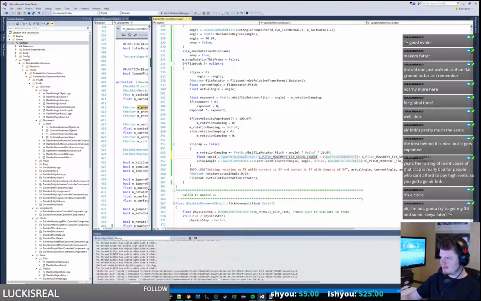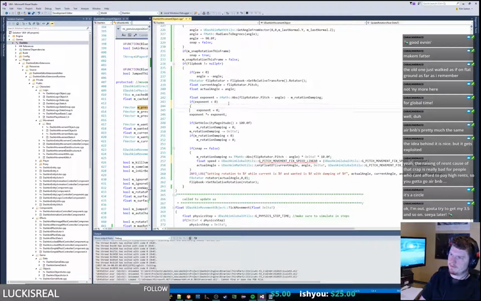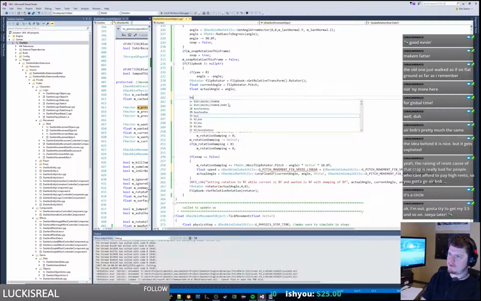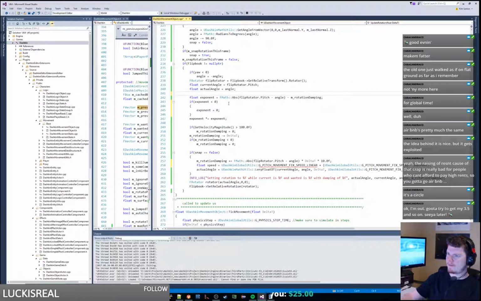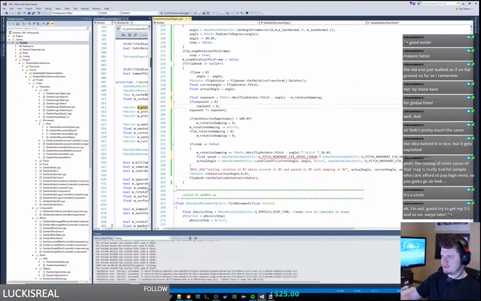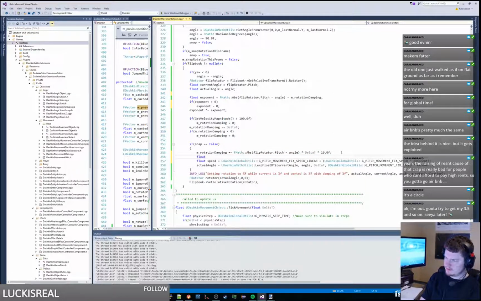And we need to also set if the linear fixed speed is basically, we need to have the damping. Okay, so float regular speed equals the linear speed minus the rotation damping.